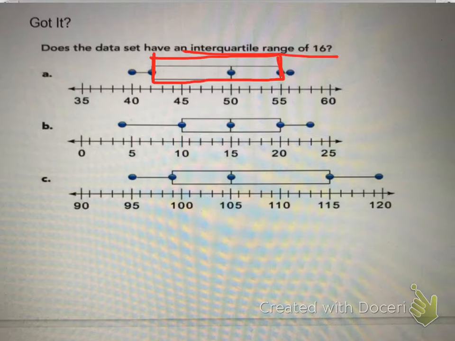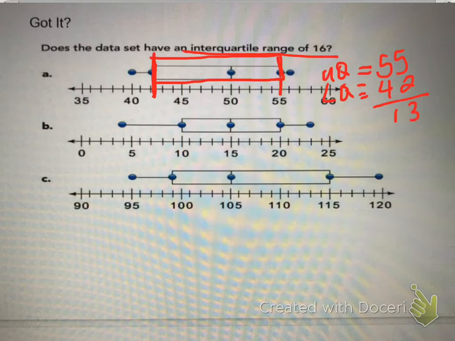We've got our upper quartile, in this example, 55, and our lower quartile is about 42. If we subtract those, we find that the interquartile range for letter A is 13, and we're looking for 16. So that's not what we're looking for.